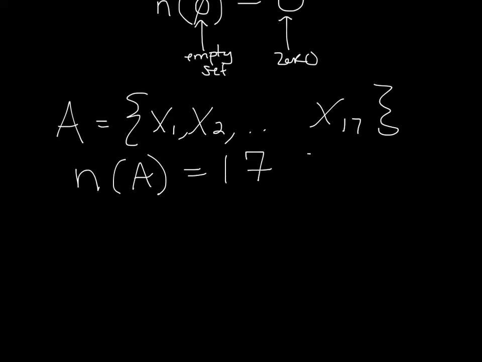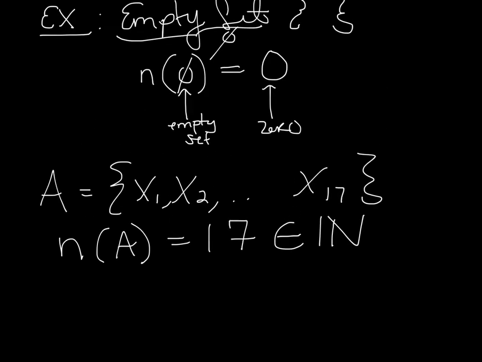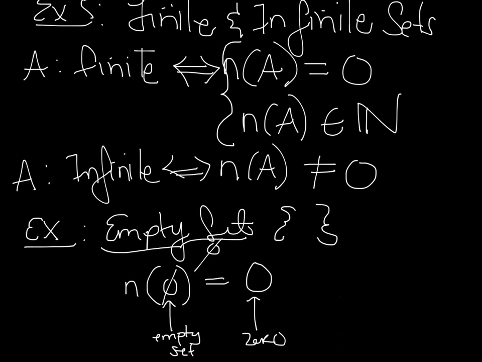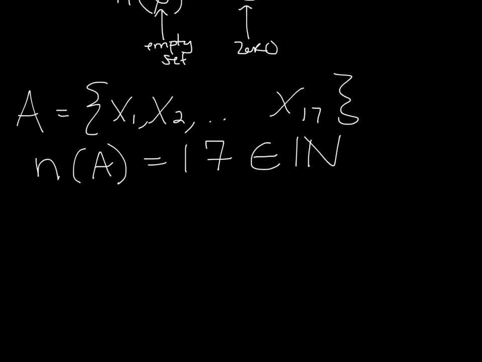Now, 17 is obviously a natural number, 17 is in the set 1, 2, 3, 4, 5, and so forth. So since it's a natural number, then we know it's got to be finite. So from this, we know that A is finite. There's a finite number of objects in that set.